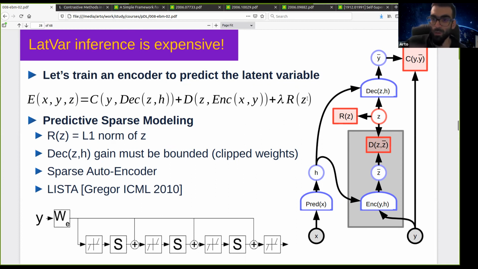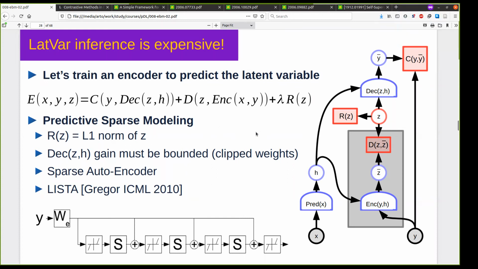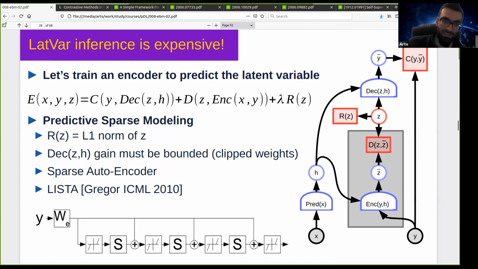So basically, Z is a latent variable, so it's not observed. We don't know Z, but to sample from this energy function, we want to first minimize E of X, Y, Z over Z to obtain F of X, Y, and only then we can do inference. And minimizing this E of X, Y, Z over Z is a convex optimization problem.